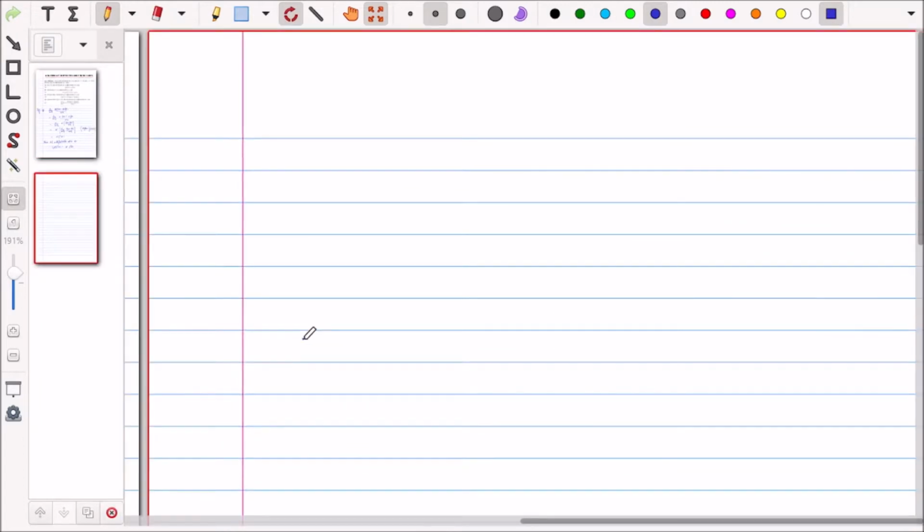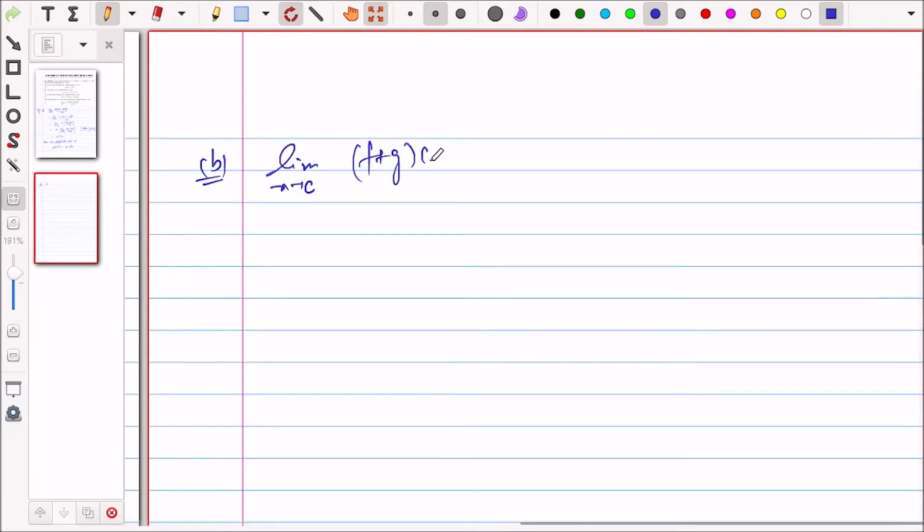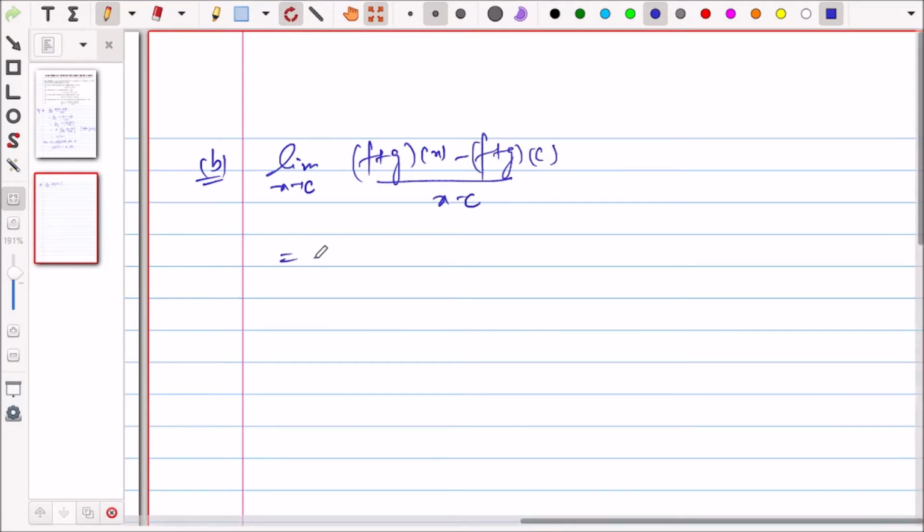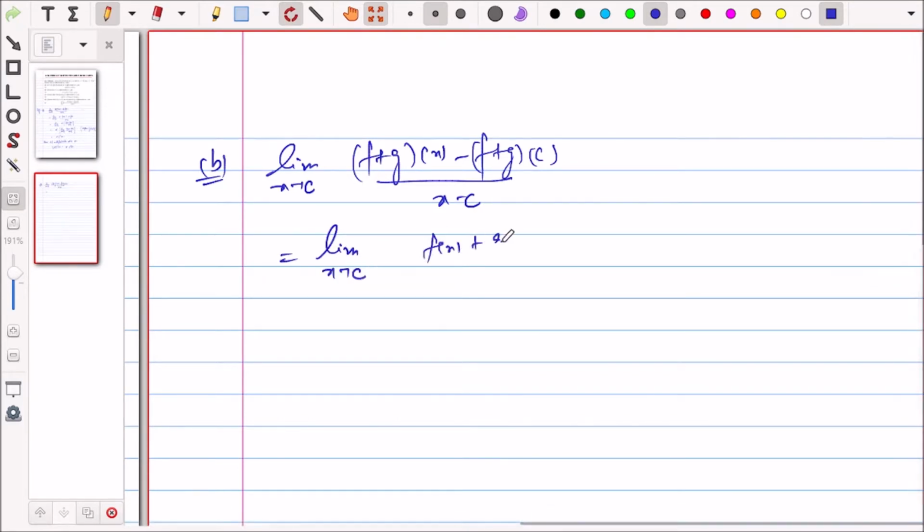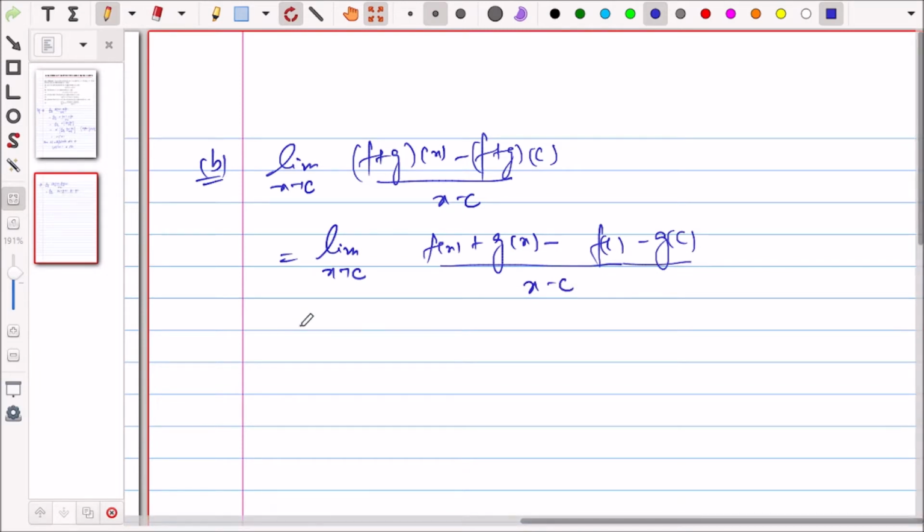Now let us go to the B part. So we have to show the sum of two differentiable functions. We will start with the limit as x tends to c of ((f+g)(x) − (f+g)(c)) upon (x − c). So this is nothing but the limit as x tends to c of (f(x) + g(x) − f(c) − g(c)) upon (x − c), right?